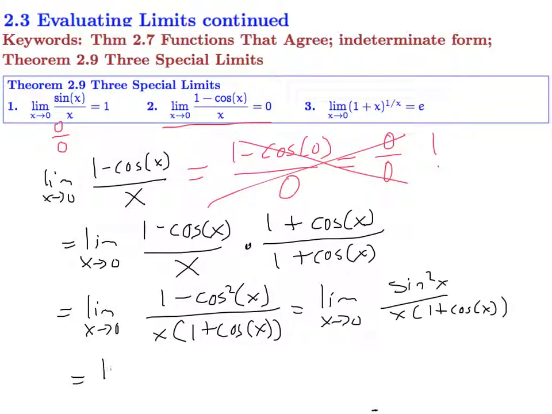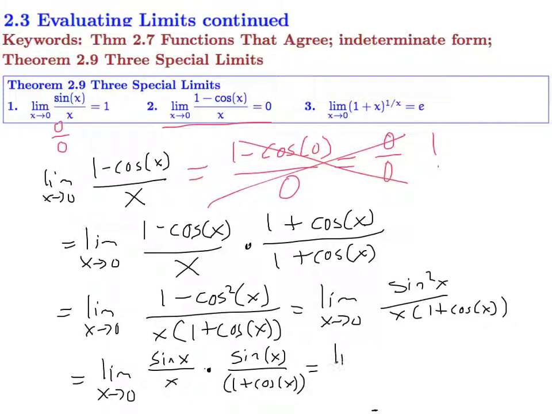And here's the real part where you have to get pretty good at limits to see it, but now we can break up our limit into 2 separate fractions. So that sine squared x, we can break those sines up into separate fractions. So we're left with separate limits here.